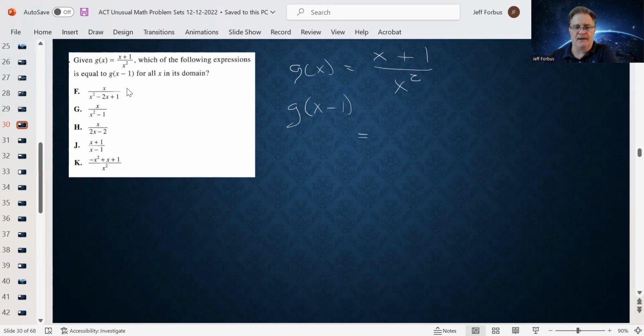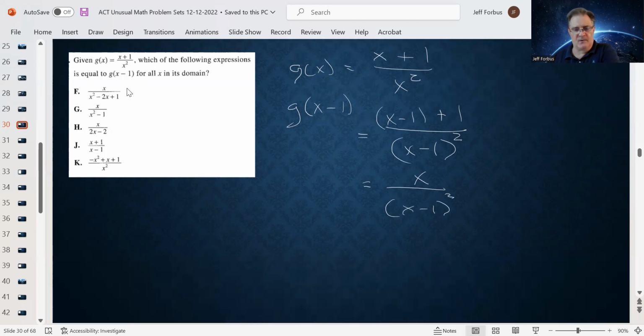So the first x is going to be x minus 1 plus 1 divided by x minus 1 squared. Real quick here, the numerator ends up being x minus 1 plus 1. So negative 1 and plus 1 cancel, and that leaves us x over x minus 1 squared.